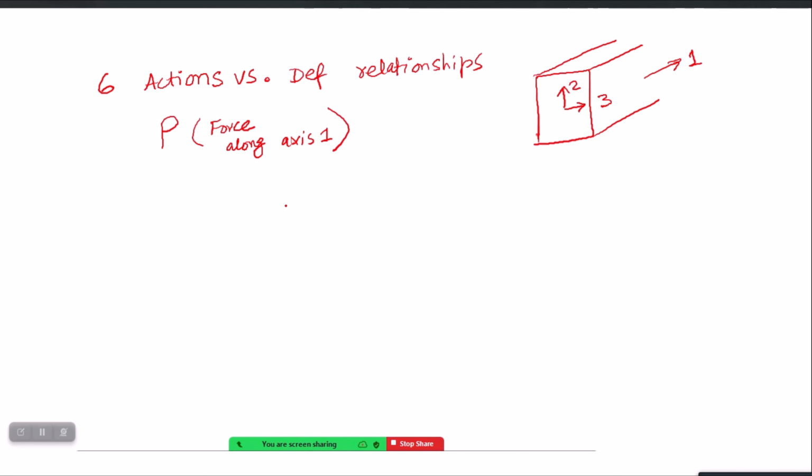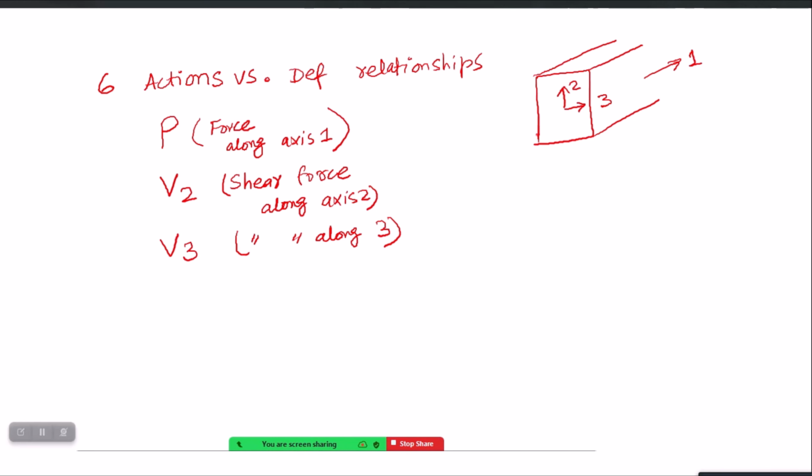Then the second action will be, for example, V2, which is the shear force along axis 2. And then V3 is the third action, which is the shear force along axis 3. Then you will have moment M2, which is the moment about axis 2, and then M3 will be moment about axis 3.